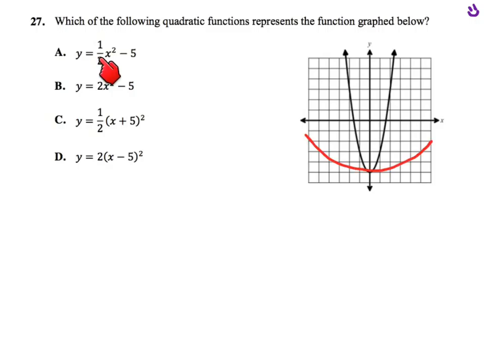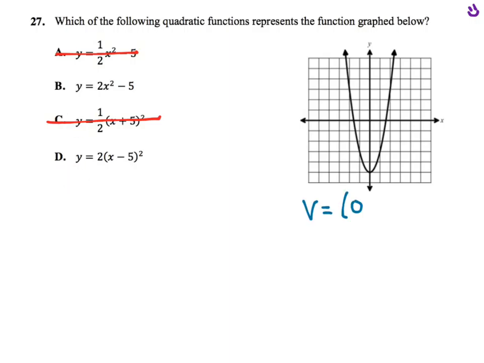If I have a concavity of 1/2, then I have a shallow, compressed or widened graph. That's not what I have here, right? I have it being stretched, like if I took a rubber band, it's being stretched. That means that my A has to be greater than 1. So it has to be B or D.